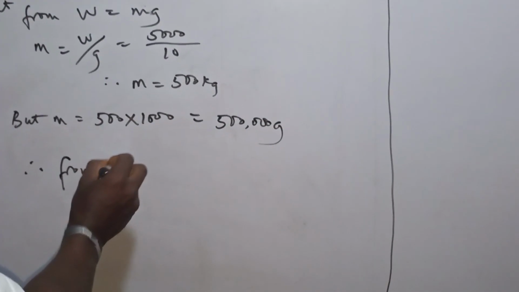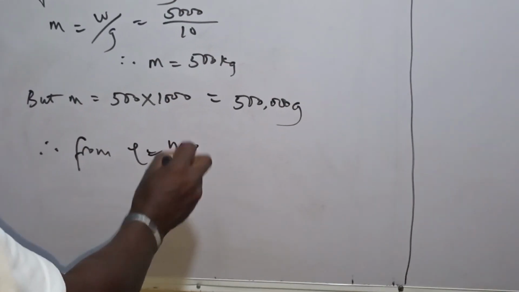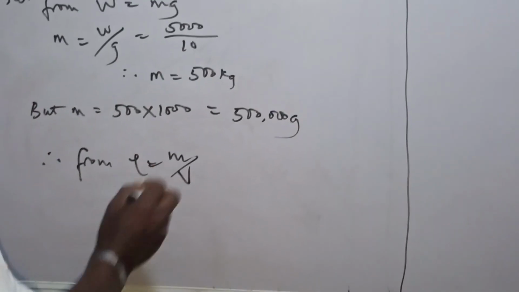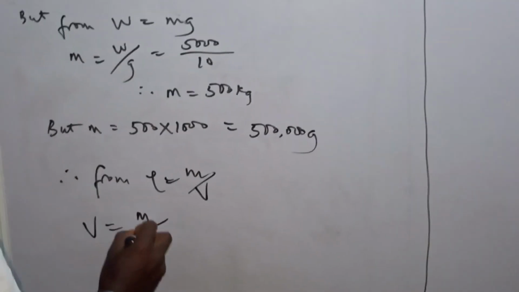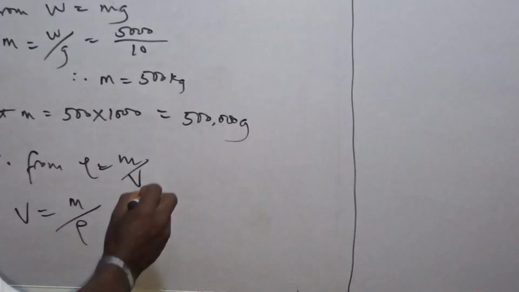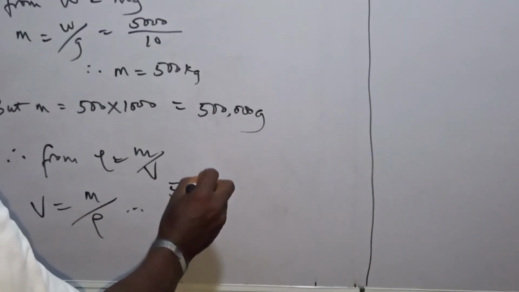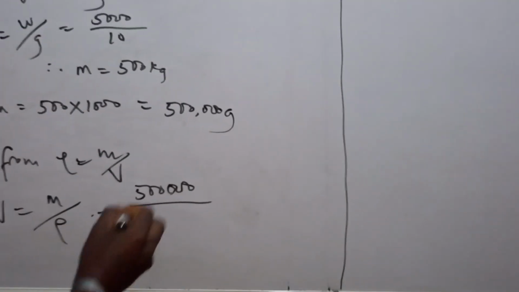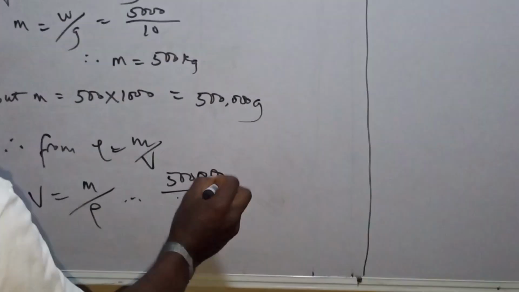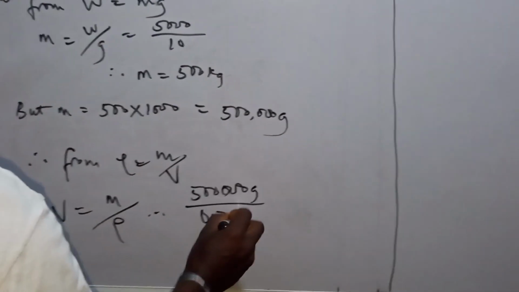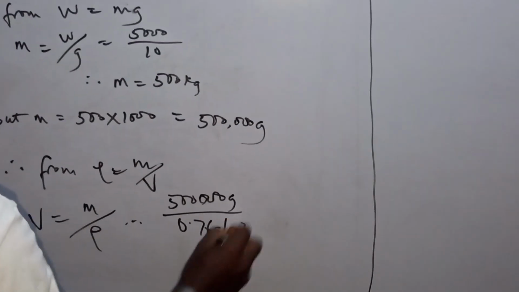Therefore, from density equals mass over volume, we are to look for volume. We have volume here to be equal to mass over density. Therefore, the mass here becomes 500,000 gram over the density, 0.76 gram per cm cube.